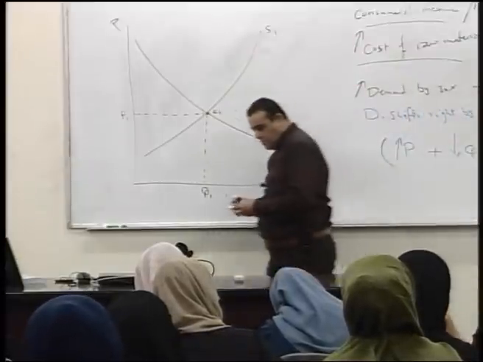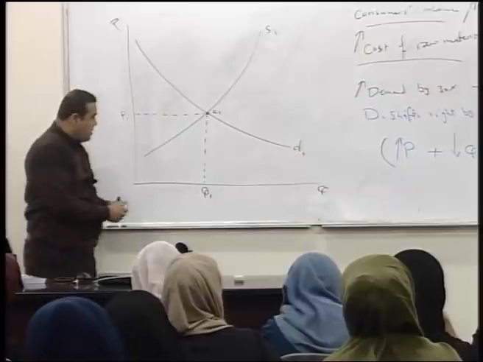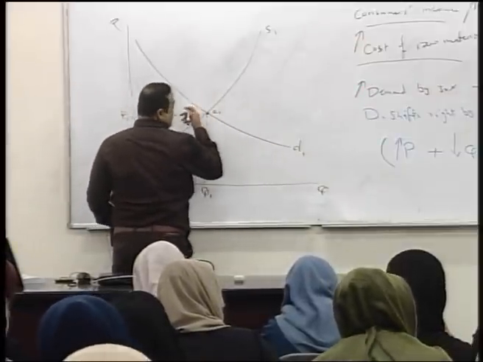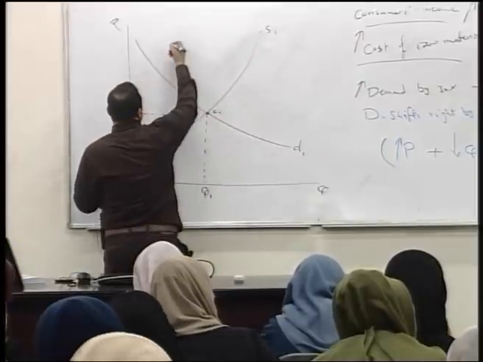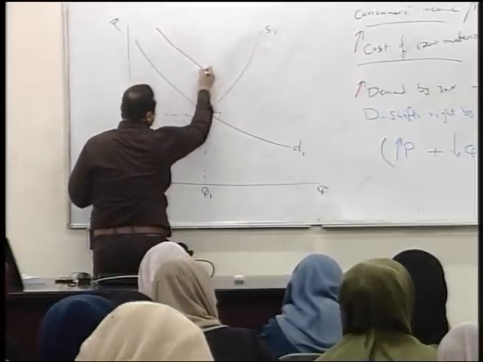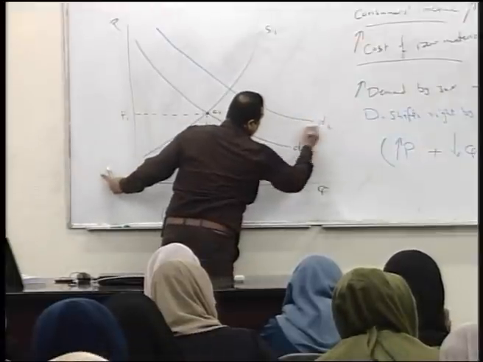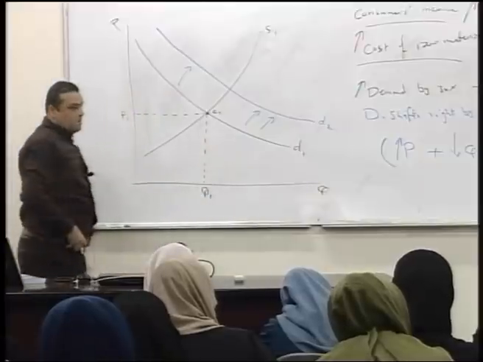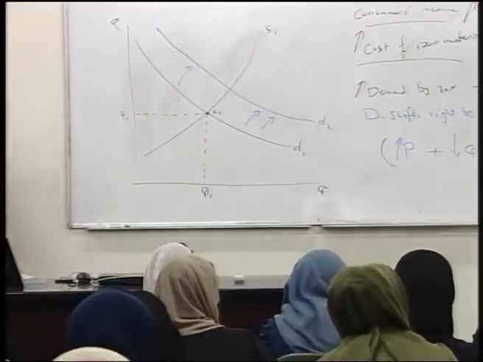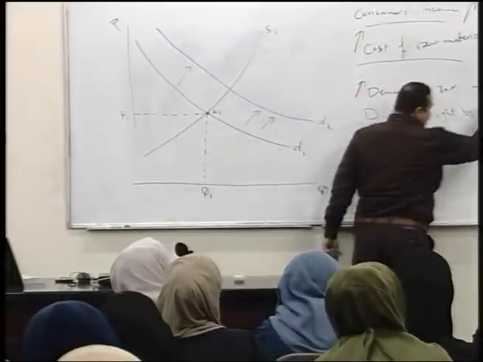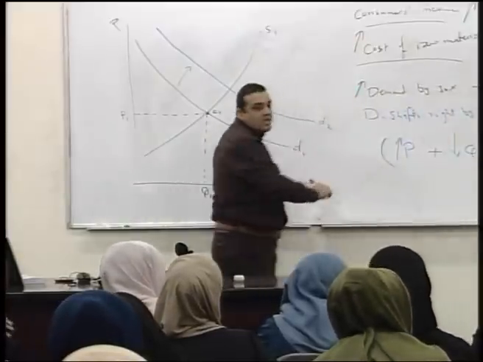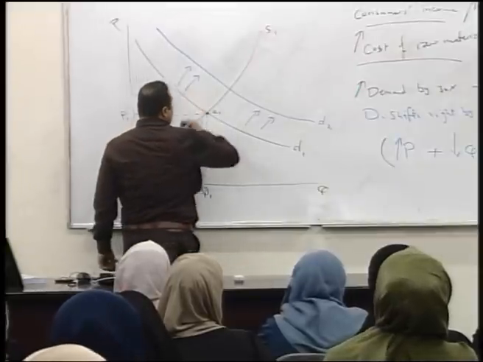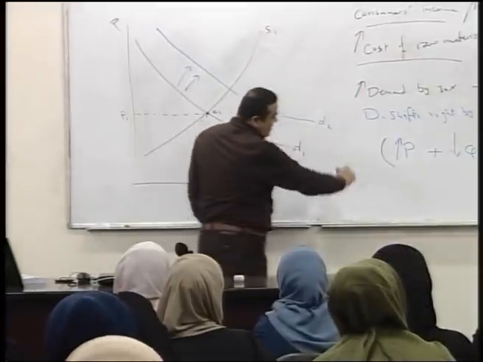So here we are shifting the demand curve by 30% to D2. The magnitude of the change in demand here is 30%, which is bigger than the magnitude of the change in supply, which declined by 10%.